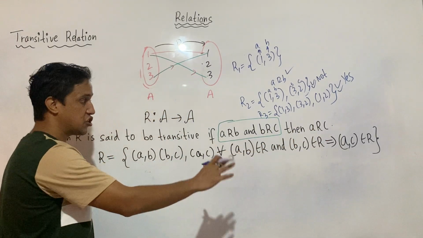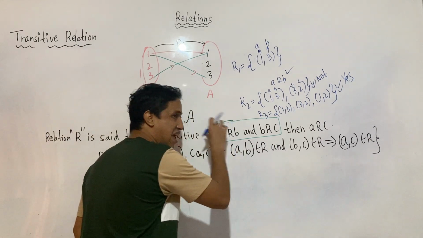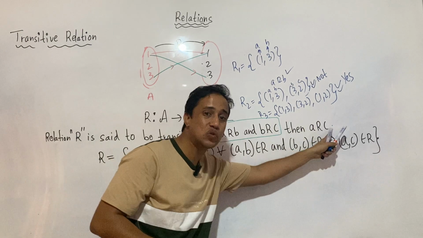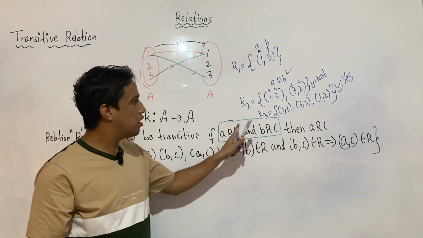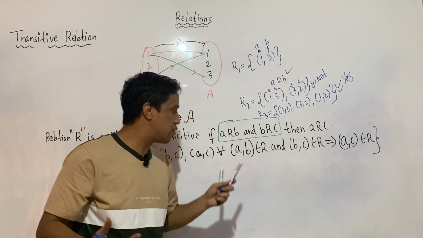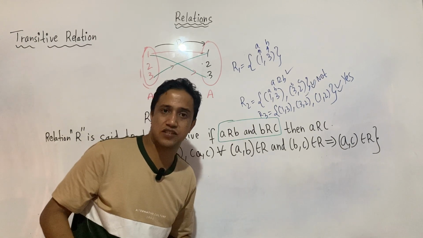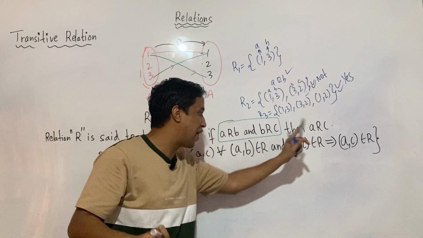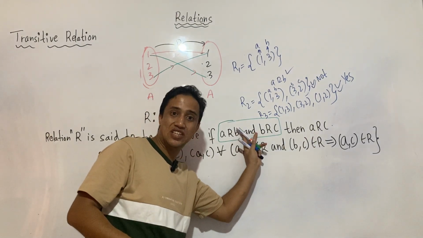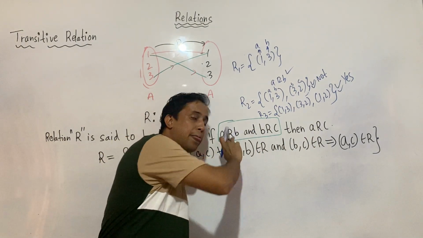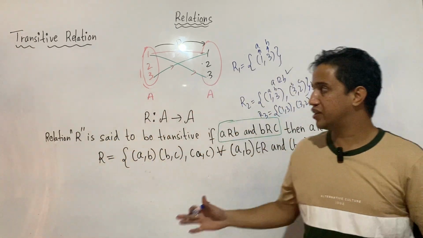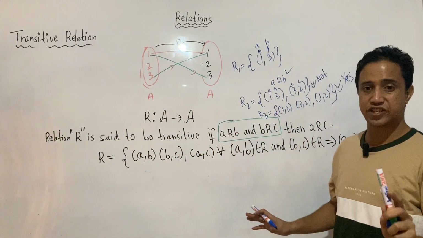But if you are just given A relation B and not these two things, then again your relation is said to be transitive, because this possibility is only when you are given these two things. If only one thing is given, then still your relation is transitive. I hope you understand my point.